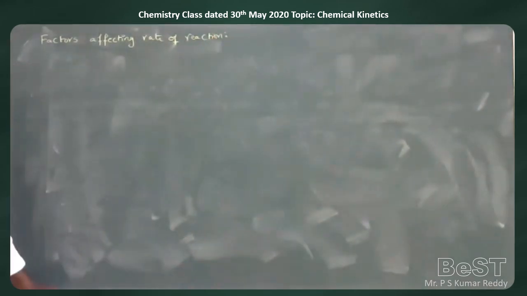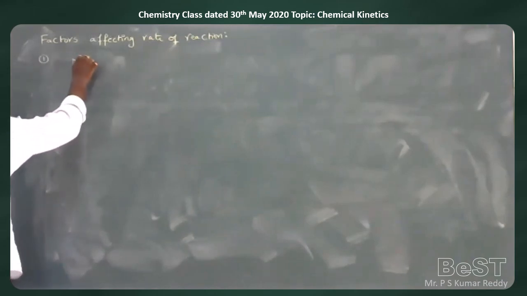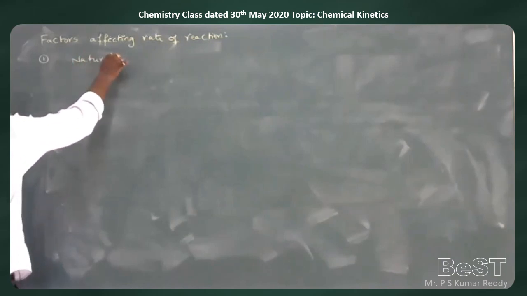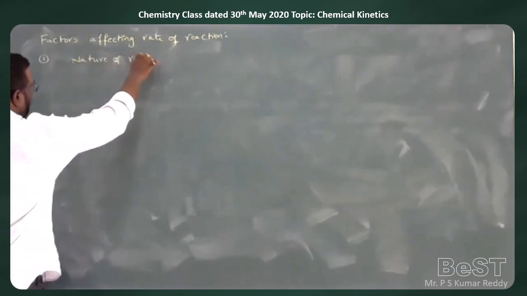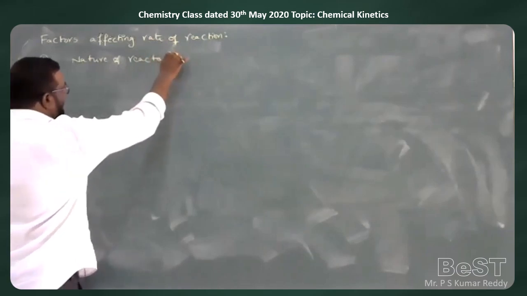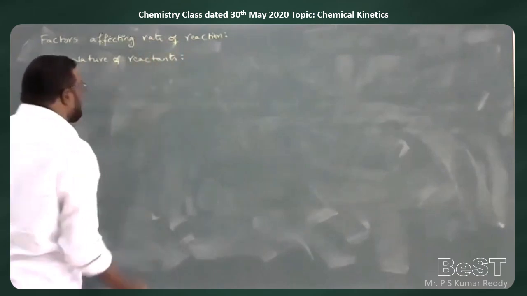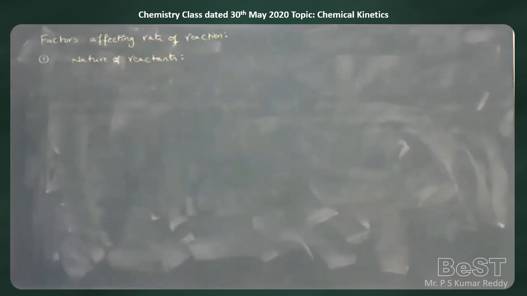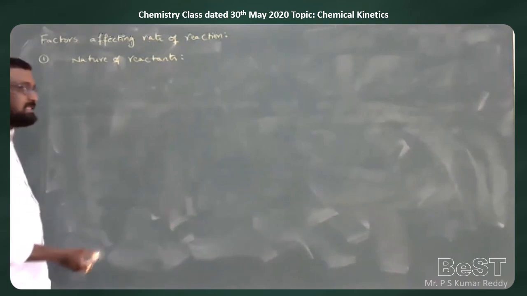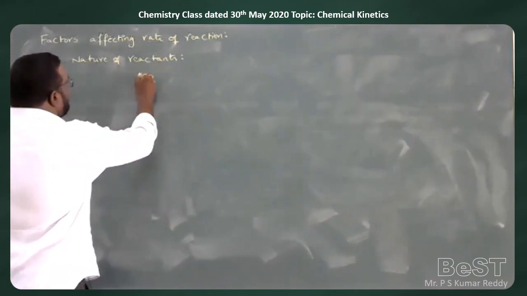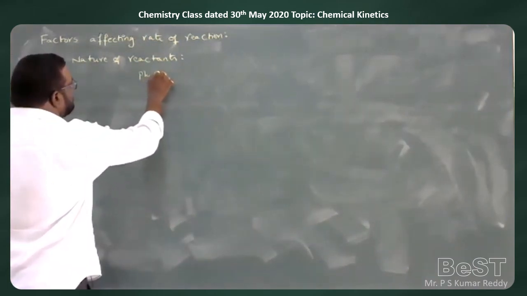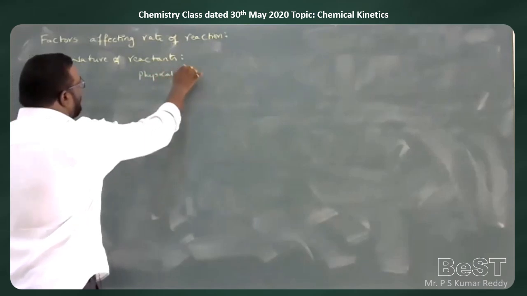So the first factor is nature of reactants. Here in this nature of reactants, the first one we are going to see is physical state. Physical state of reactants.